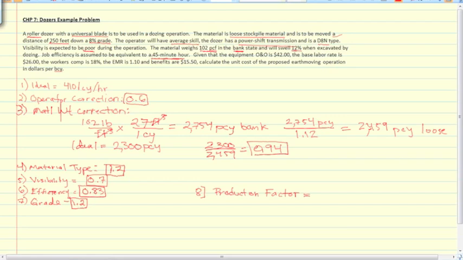Alright, so go ahead and gather all these up. You get 0.6 from up at the number 2, times 0.94 times 1.2 times 0.7 times 0.83 times 1.2.